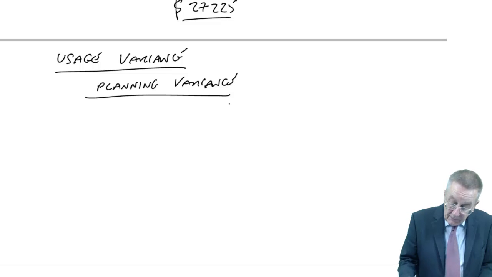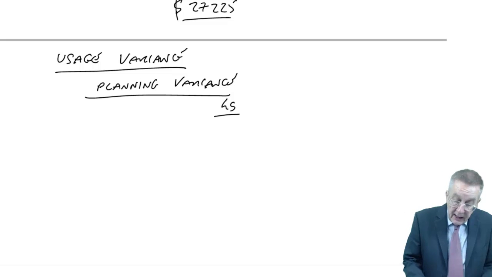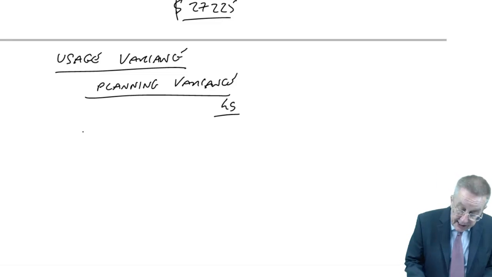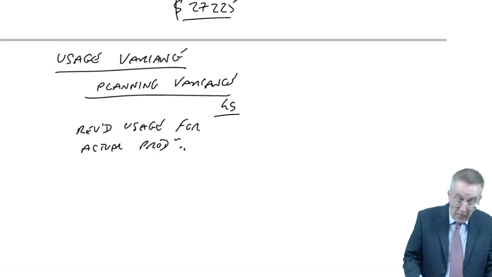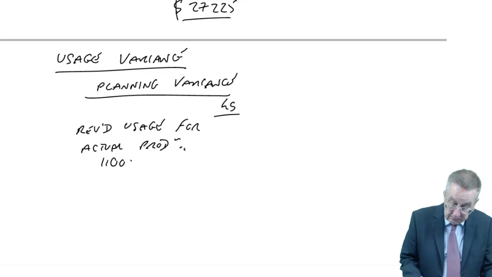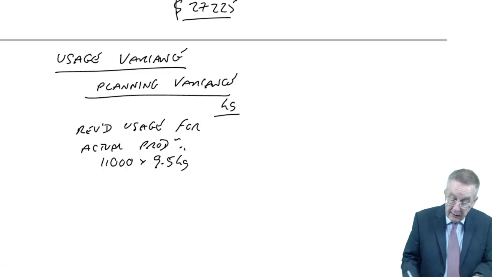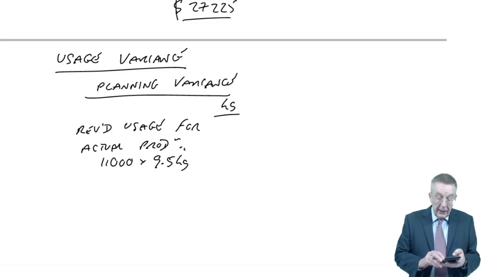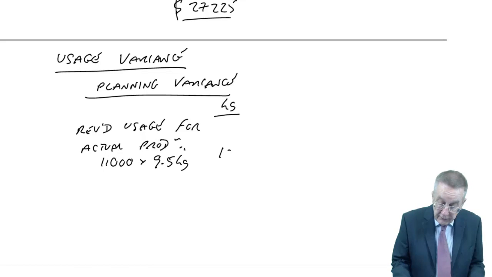So what did we do? We looked at the kilos, did we not? And the kilos, we'll compare revised with standard, so we'll take the revised usage for the actual production. How many do we produce? 11,000 units. The revised usage, we should be using now 9.5 kilos a unit. So 11,000 at 9.5, 104,500.